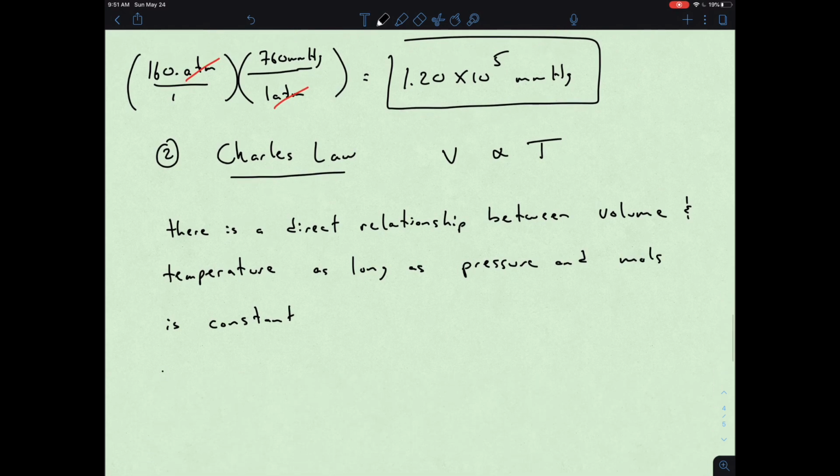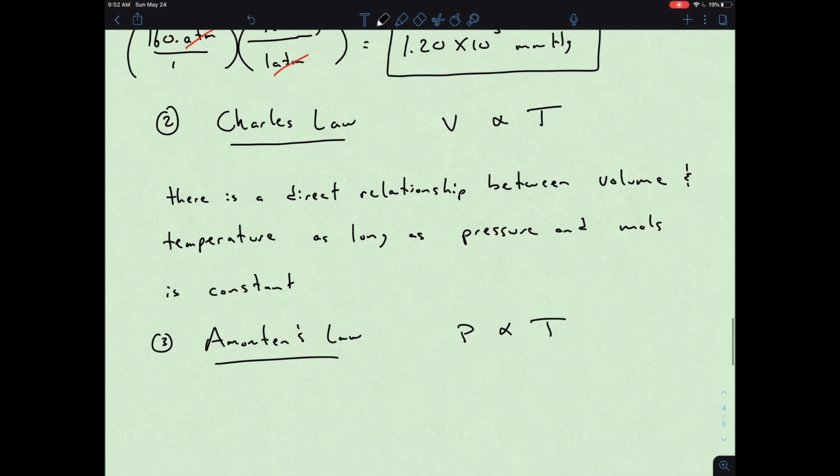Something closely related to it would be Amontons' law. Amontons often gets thrown under the bus here, not really mentioned, but it's basically taking the same type of relationship, but now instead of volume, relating it to pressure. And it kind of makes sense because of Boyle's law. If we have a pressure-volume relationship, and then if we go to Charles' law, we have a volume-temperature relationship, well, then it makes sense that we probably have a pressure-temperature relationship as well.